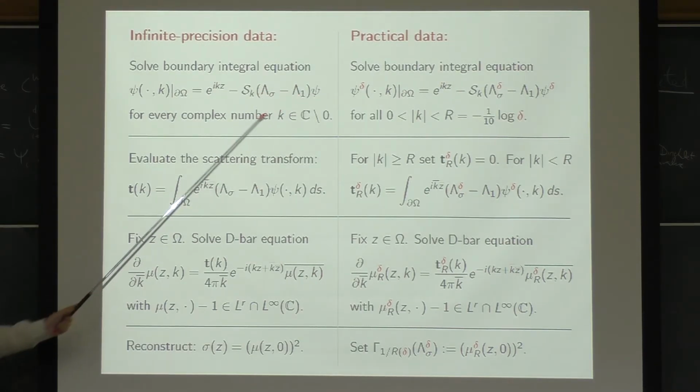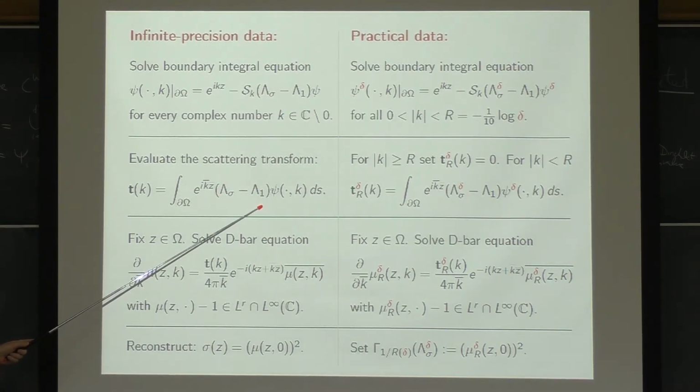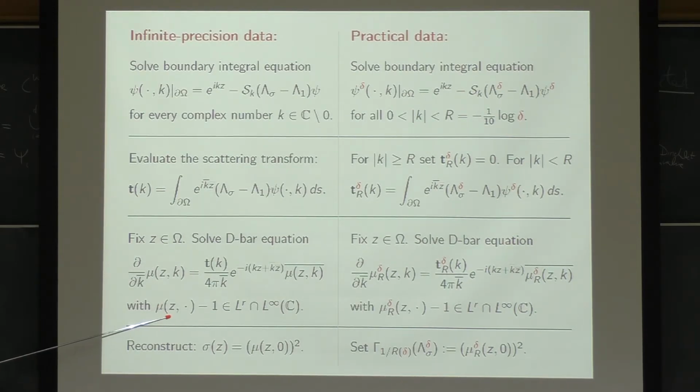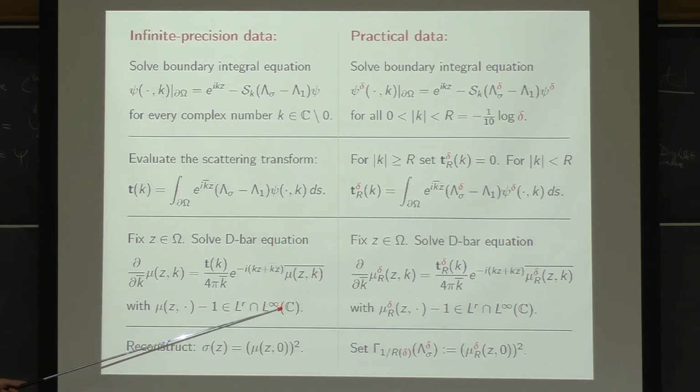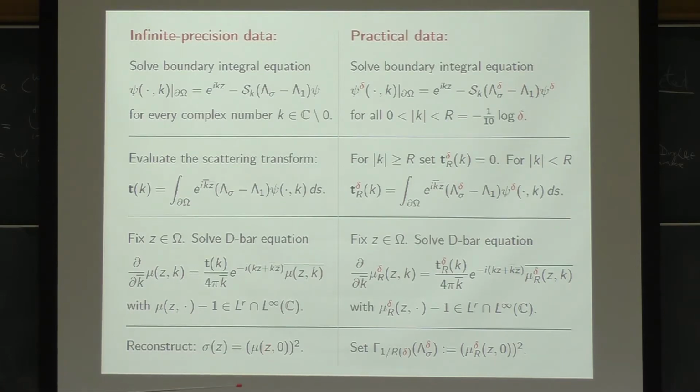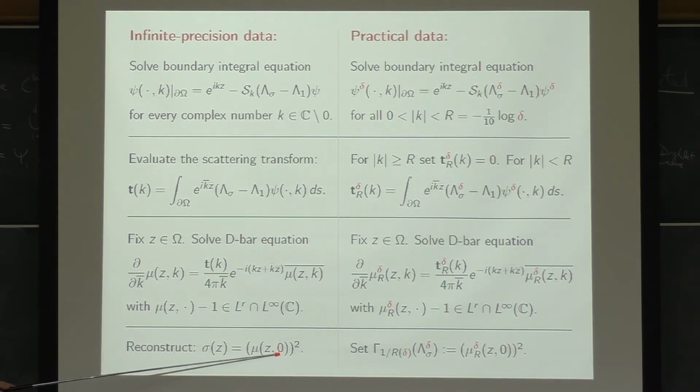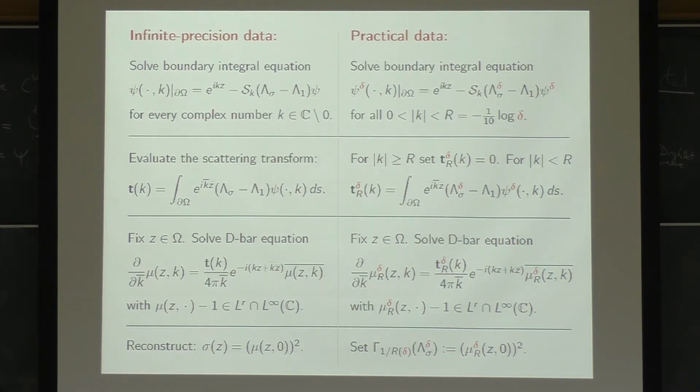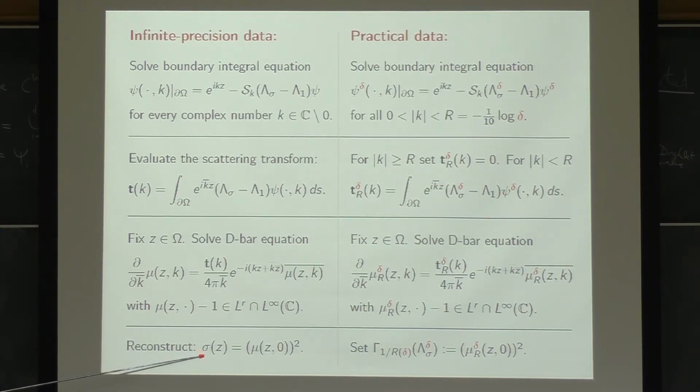And then you get the nonlinear Fourier transform, which you can plug into the d-bar equation. And Nachman showed that this equation has a unique solution with these asymptotics. And then actually Nachman showed that if you take k to zero, you will get the square root of the conductivity. So the conductivity comes out of the equation there.